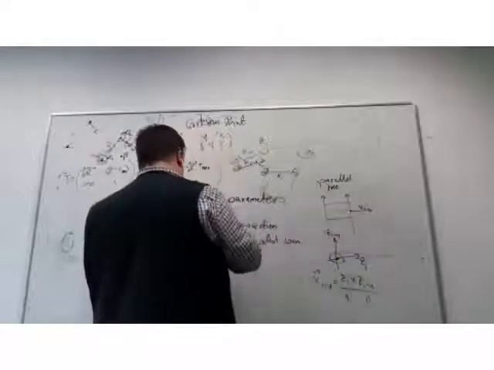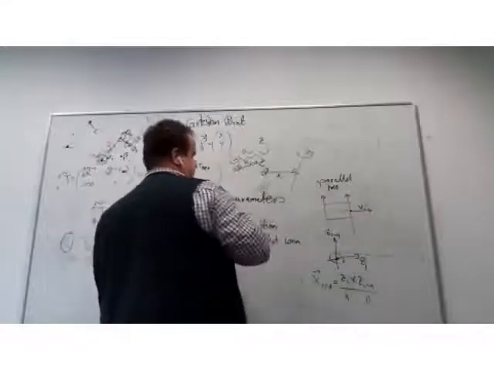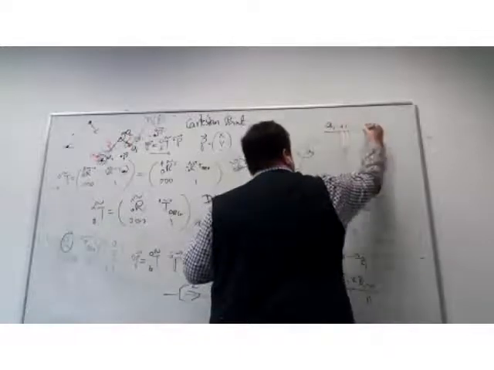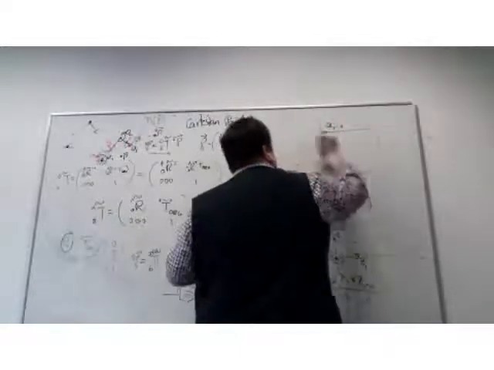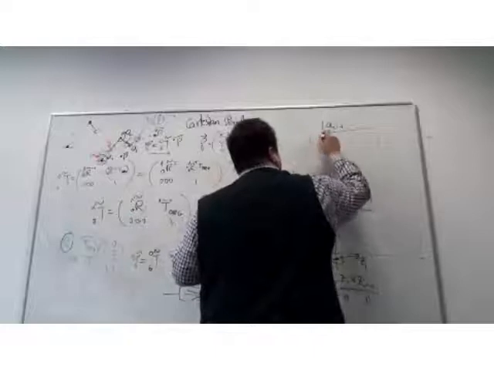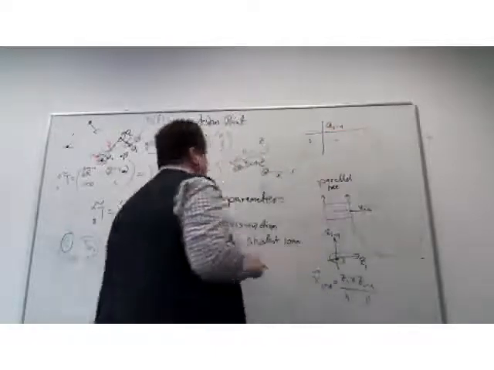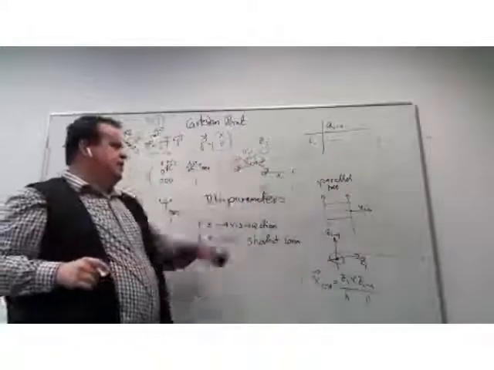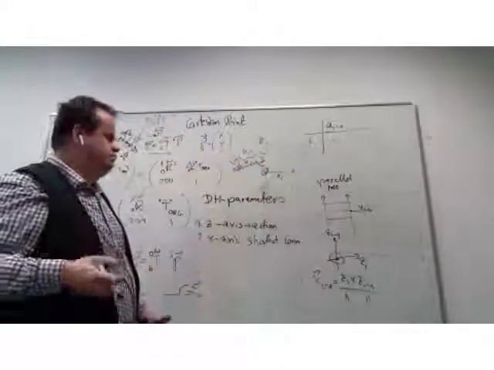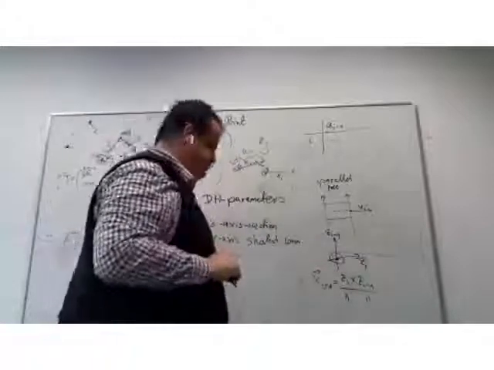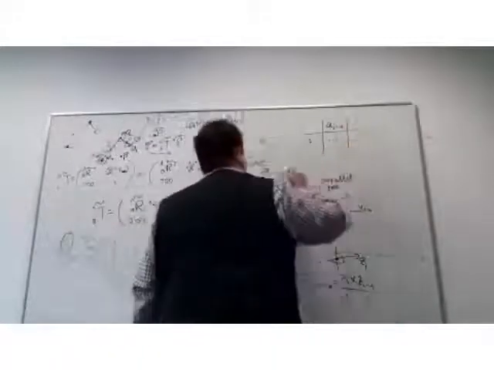Let's move it back again, so people can read the slide. It is the a i minus 1 distance. For the next one, for some joint I need to get some amount along the x i minus 1 axis, defined really by the shortest distance between these. What else do I need to do?